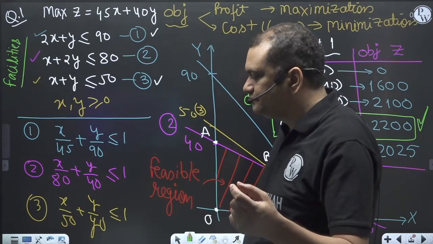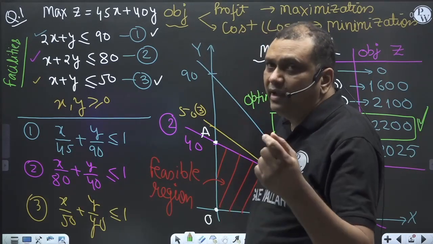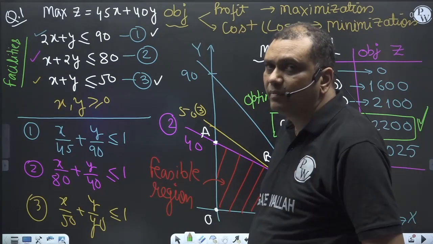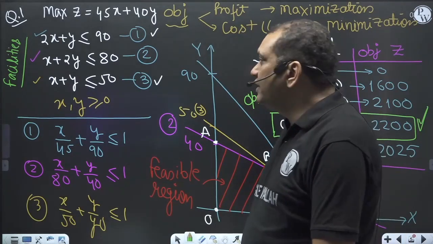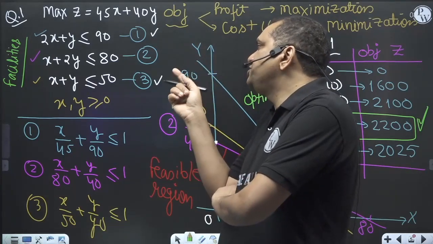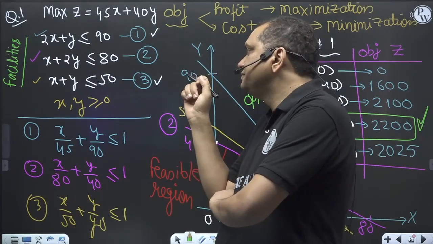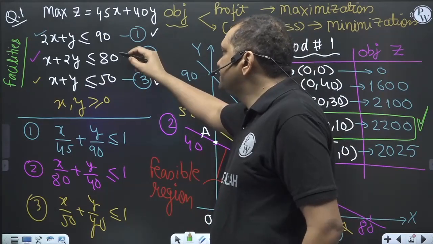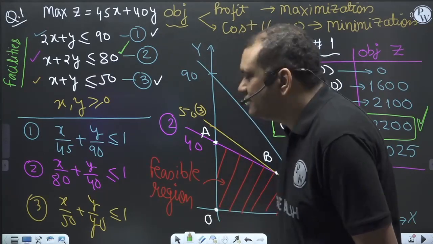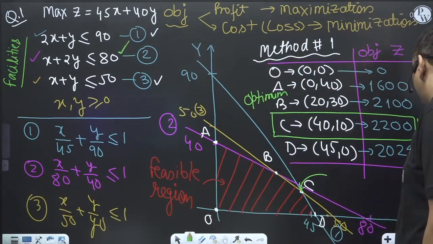At the optimum condition, you would like to know the percentage utilization of facility 2. This facility 2, how much percentage utilization is there? Optimum point is (40, 10).